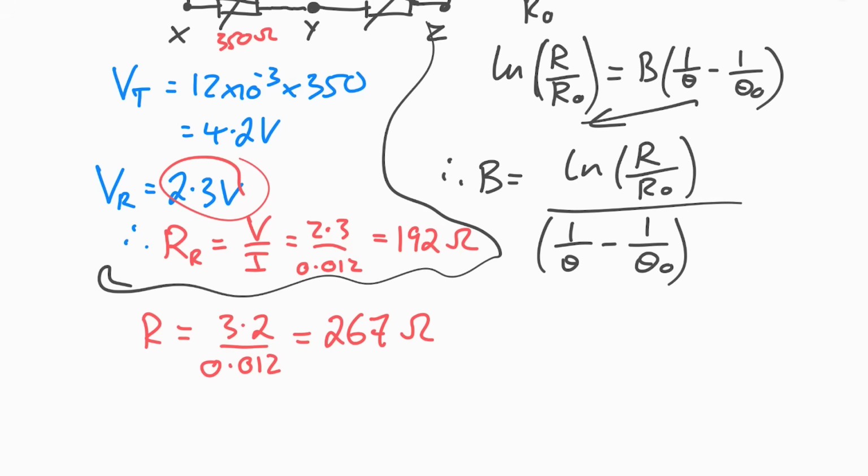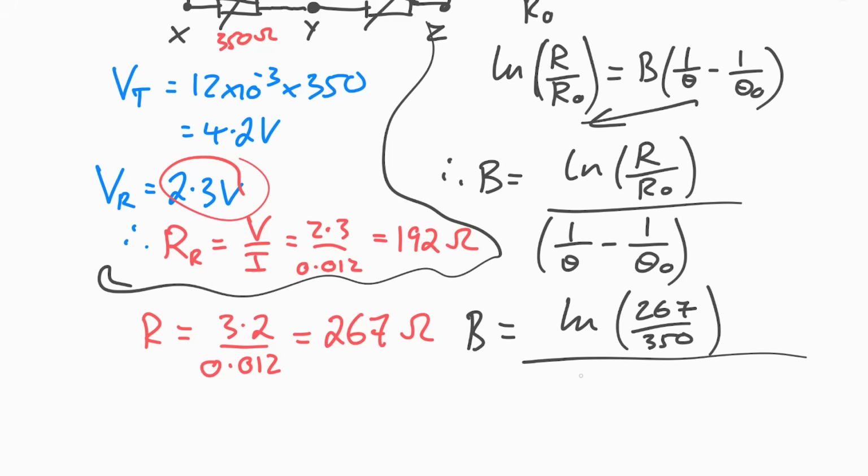267 ohms. Okay, so now we just have to pop everything in. So B is equal to log of 192 divided by log of 267 divided by 350, divided by 1 over, what's our new temperature? 318 Kelvin, minus 1 over, we need to get the initial temperature in Kelvin as well.